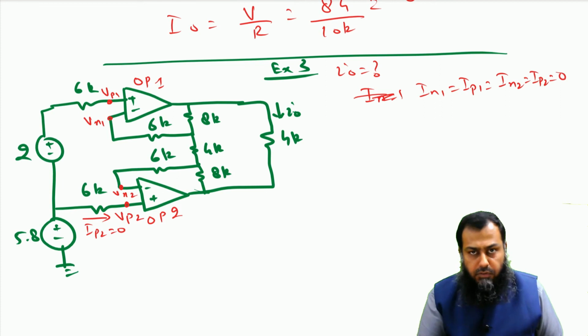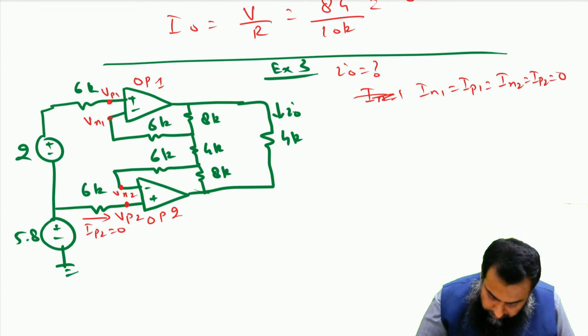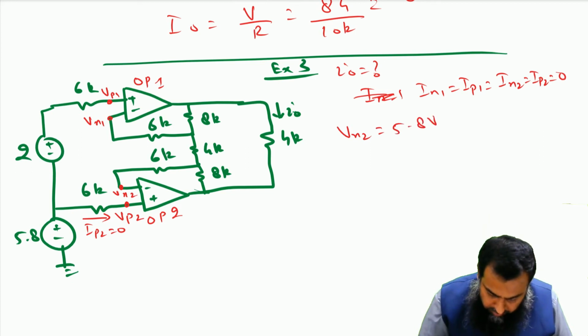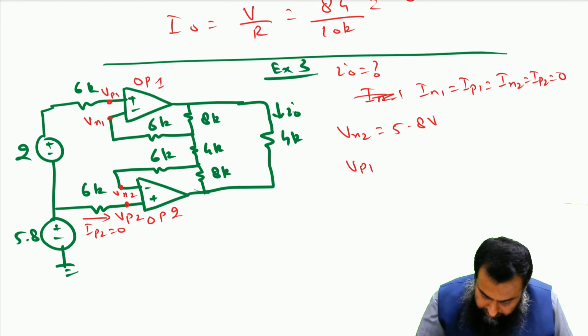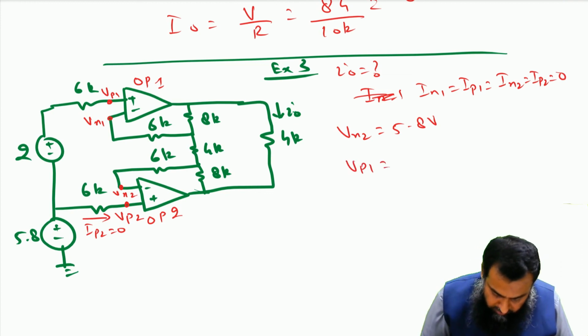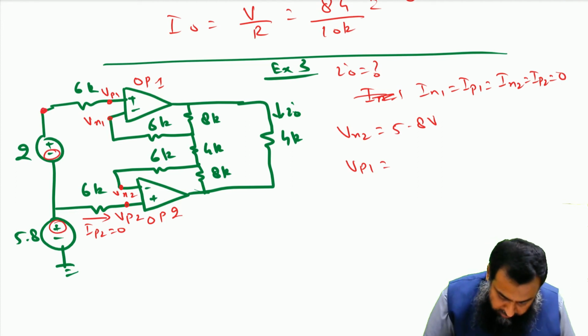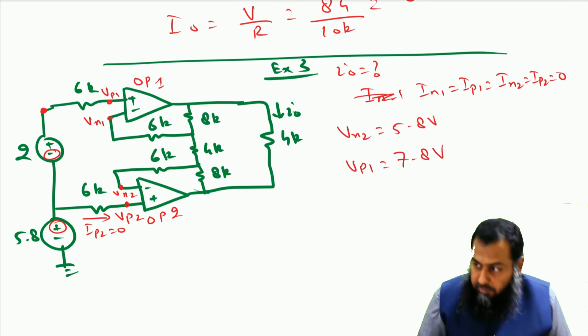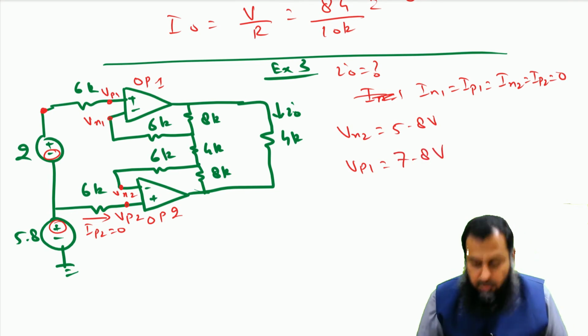So there is no current which flows into the given circuit, and therefore VN2 is equal to 5.8 volt. However, we have this VP1 that is equal to 5.8, and because this has a positive sign here and we have a negative sign here, the total voltage at this particular point VP1 is equal to 7.8 volt, right?